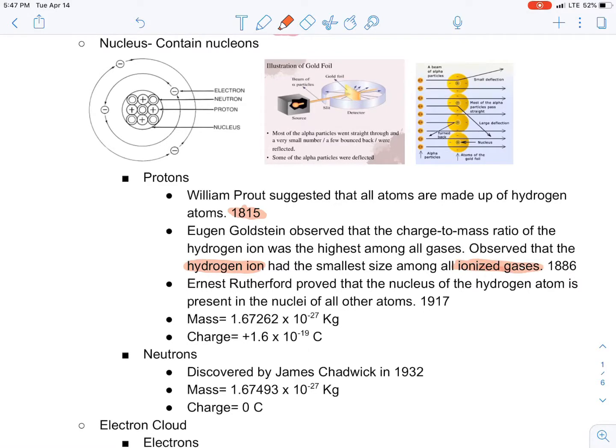And that was another idea, that there was this little particle there. Now, we go back to Rutherford, because now Rutherford says that those little hydrogen atoms are in the nucleus of all the other elements. And that led to our concept, what we think of right now as protons.